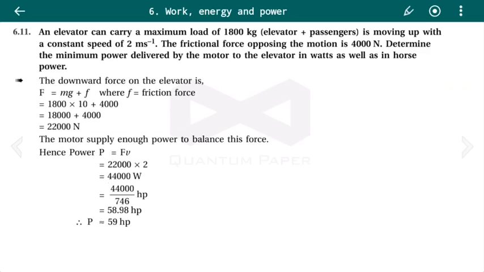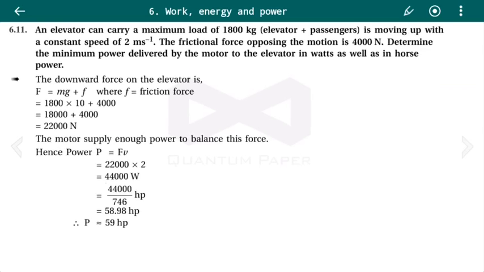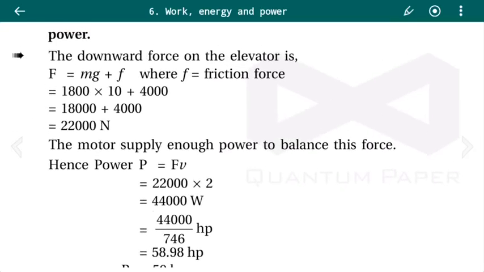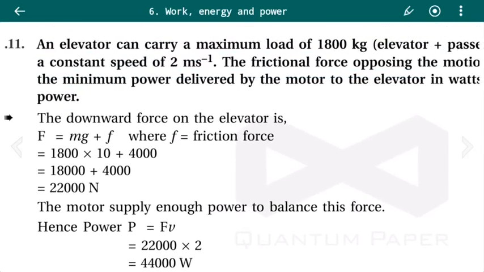So here we need to find power, and what we are given is the mass and the speed. So from that we can use the equation P equals Fv. First of all we need to find the force, because speed we are already given in the data.